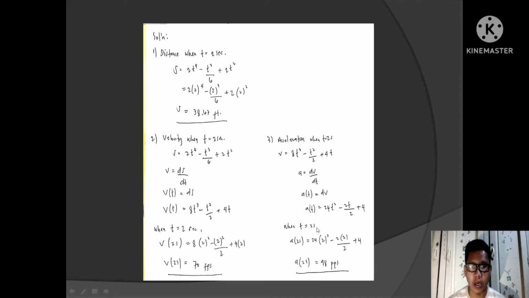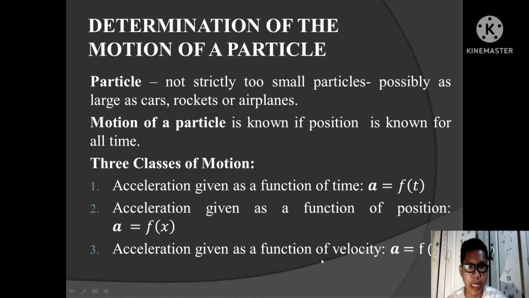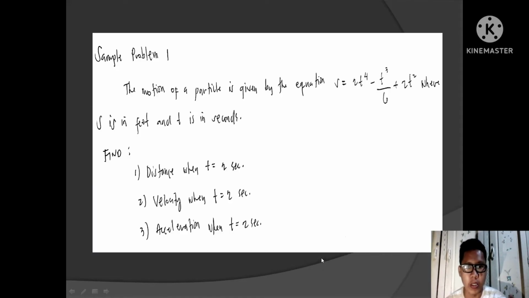Therefore, we solve for t, which is 2 seconds. So, we substitute the value of t into the equation we got, and then we come up with 98 feet per second. So that's one way of solving the three classes of motion.